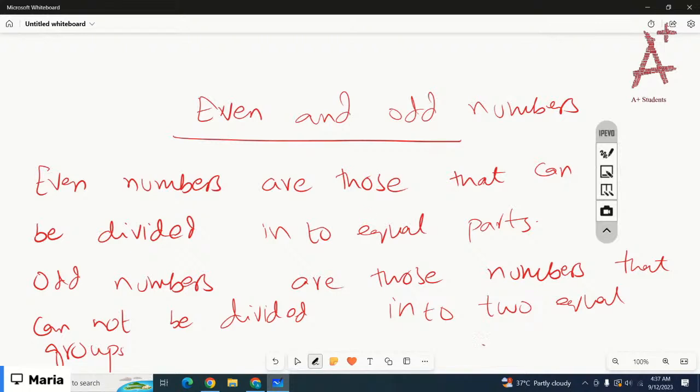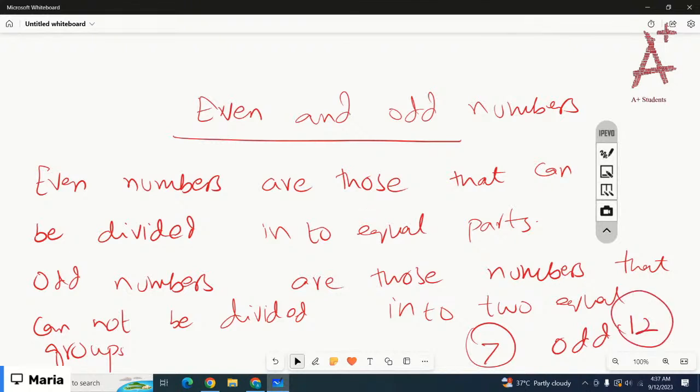So what about 7? Is 7 an even number or odd number? Yes, or you can say even numbers are the multiples of 2. So 7 is not an even number, it isn't a multiple of 2, it is an odd number, right? What about 12?